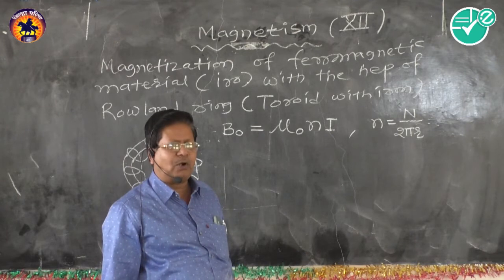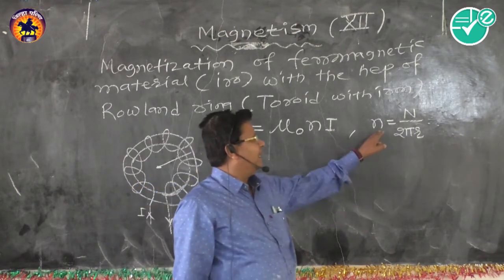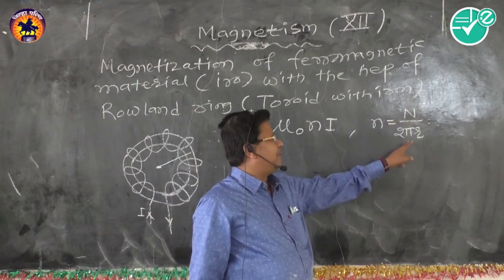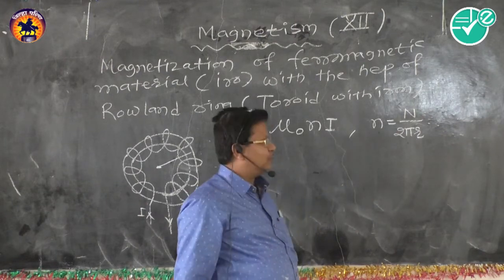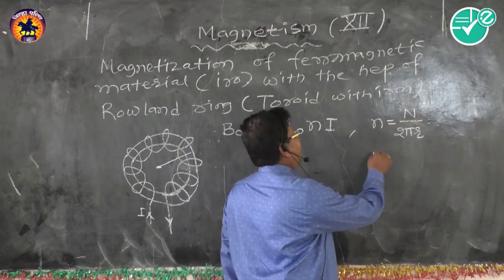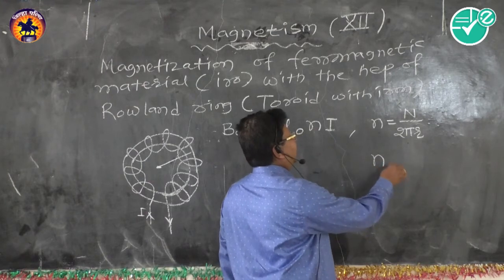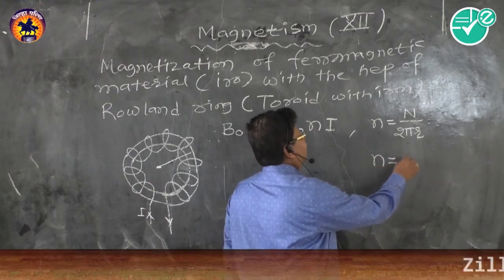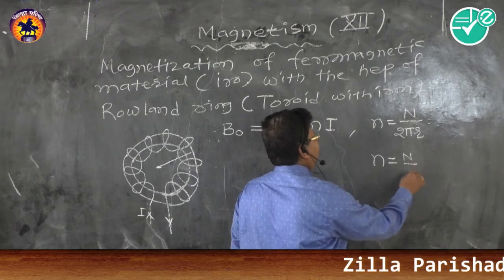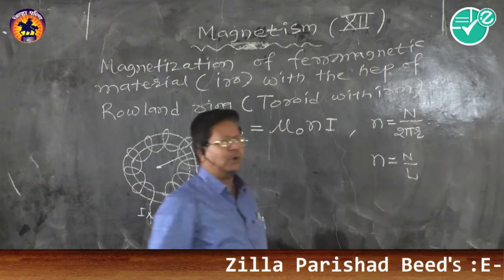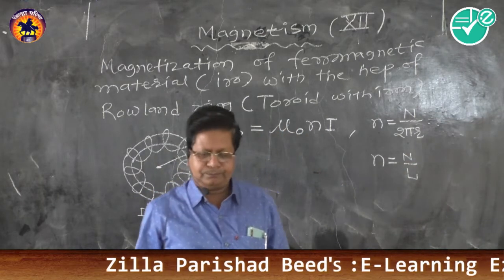So n is number of turns per unit length, that means capital N divided by 2 pi r in case of a toroid, and similarly in case of a solenoid this becomes capital N divided by l, that is number of turns per unit length.